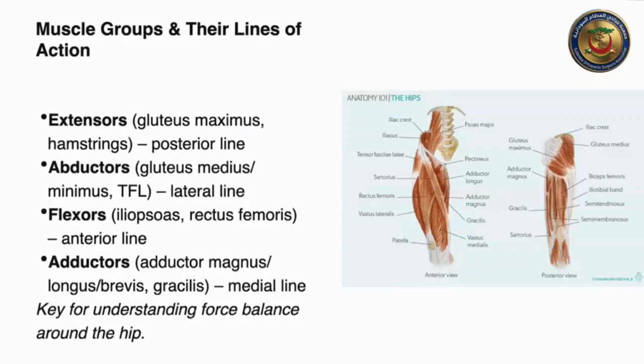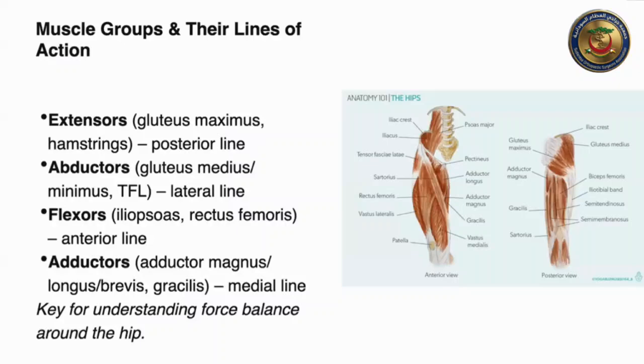We have hip flexors like iliopsoas and rectus femoris, responsible for about 90 degrees of hip flexion with extended knee, and up to 120 or 130 degrees with flexed knee. And also we have adductors like adductor magnus, brevis, and gracilis, working in the midline, responsible for about 45 to 50 degrees of adduction.